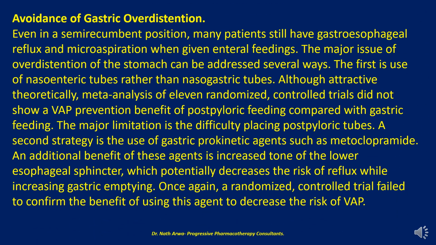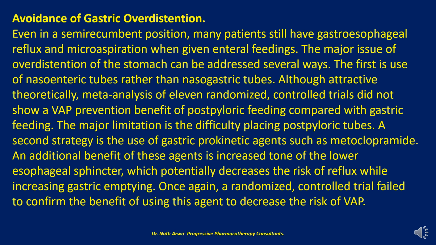We will discuss avoidance of gastric overdistension. Even in a semi-recumbent position, many patients still have gastroesophageal reflux and micro-aspiration when given enteral feedings. The major issue of overdistension of the stomach can be addressed several ways.